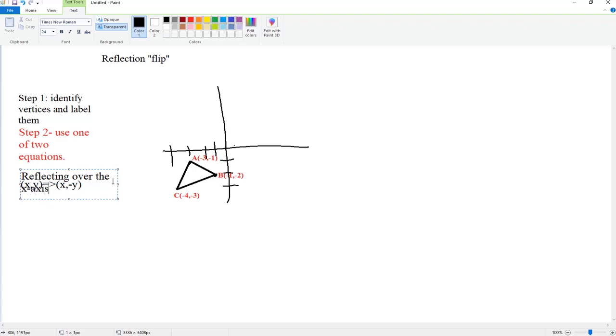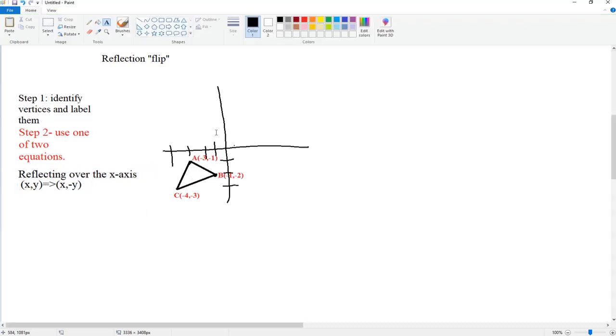So we're flipping over the x-axis, exactly what it sounds like. You take your x-axis, which is this horizontal line here, and you flip over it. So imagine that this is a wall, a fence, a line, whatever, and you flip this over it. It will be an exact mirror of the original drawing.